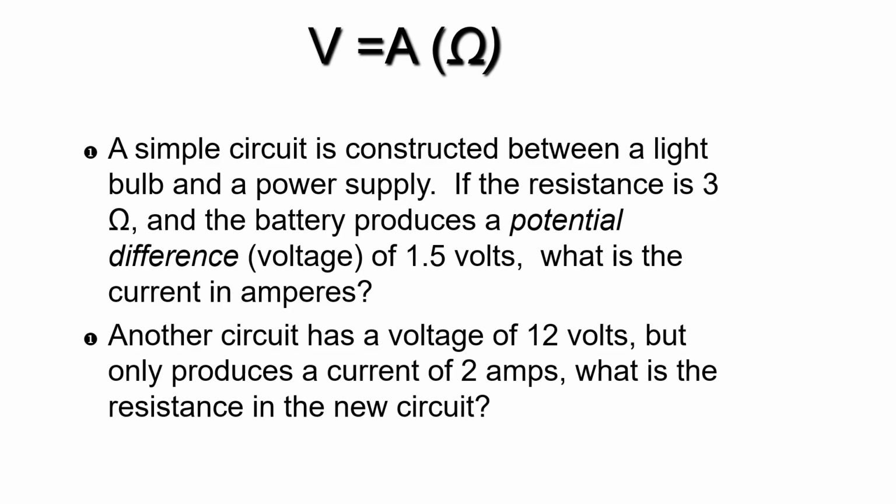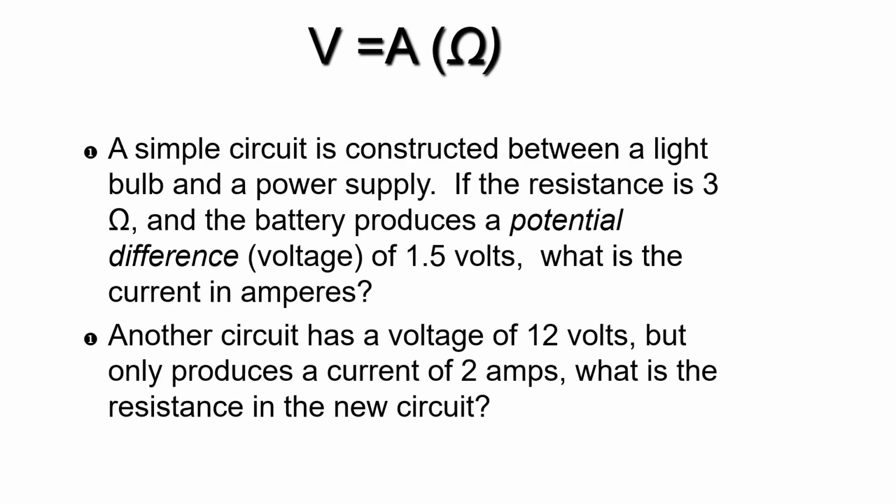For omega, or ohms, you would substitute in 3, so you get 3 times A equals 1.5. All right, divide both sides by 3, and you end up with 1/2, or 0.5. So that is 0.5 amps for that first one.